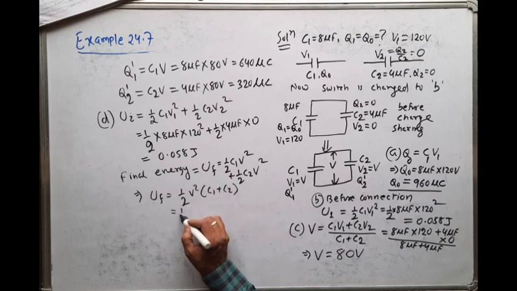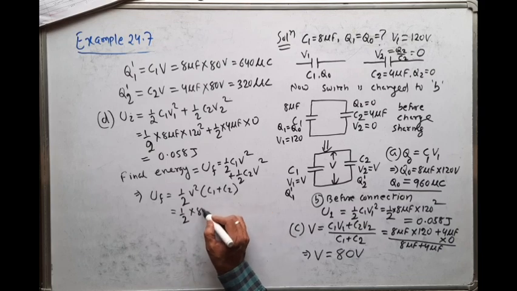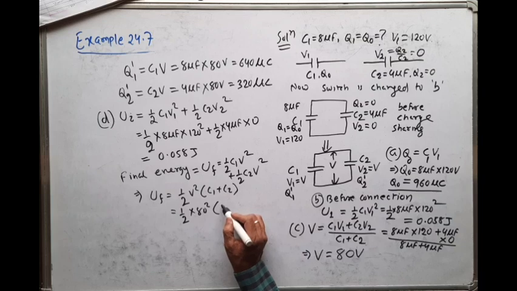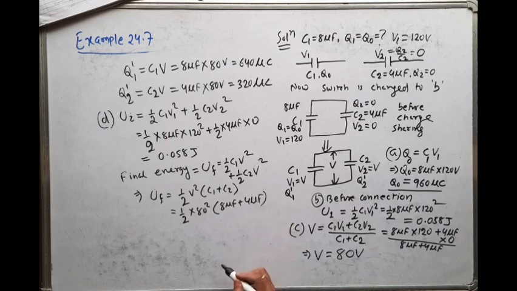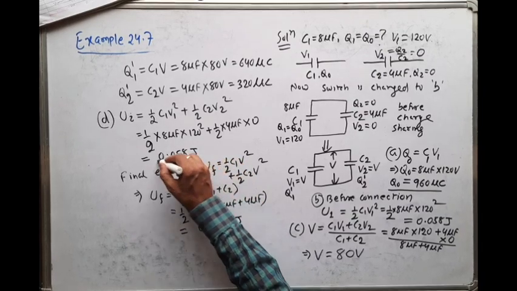That is half V square, V is 80 square, C1 is 8 microfarad, C2 is 4 microfarad. Just calculate this. If you calculate, I think it will come 0.038 joule.